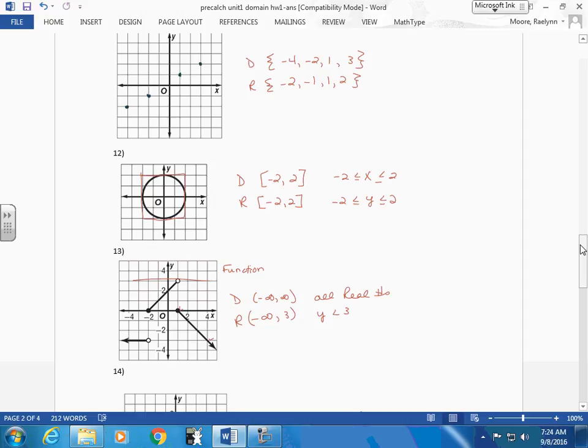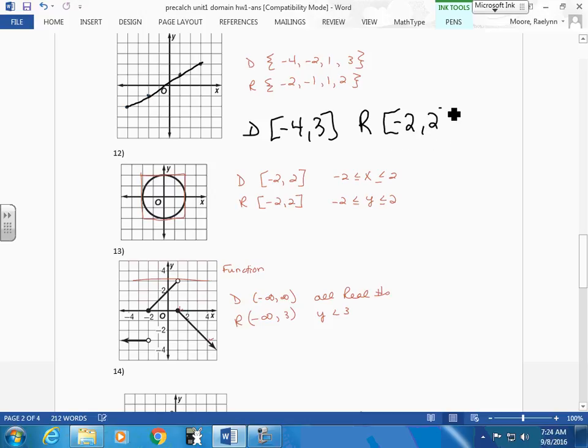If we put a line between these guys, what would my domain then be? -4 to 3. And what would my range be? -2 to 2. Good. Okay, again, box the circle in. -2 to +2 for both.